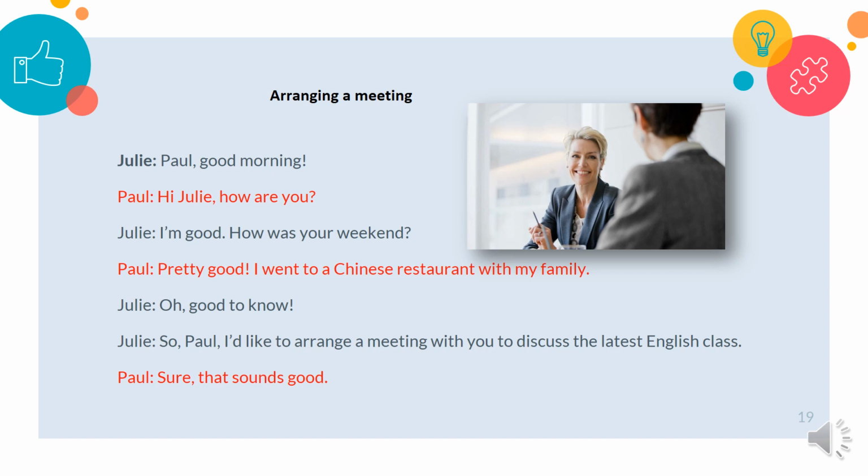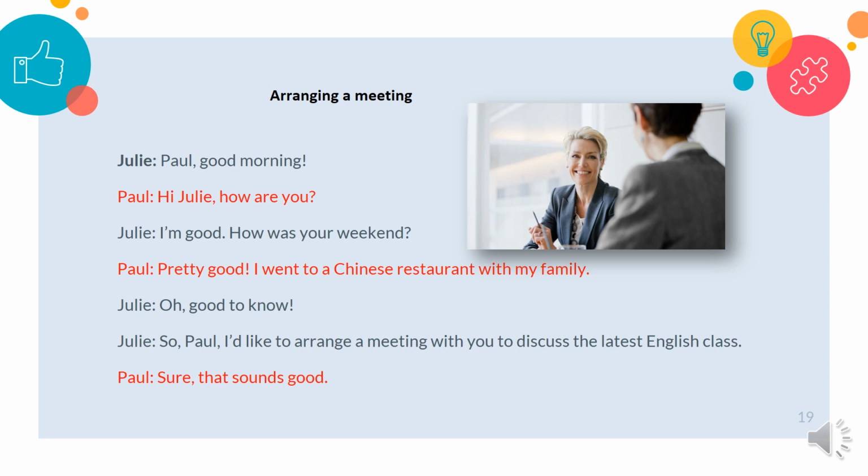Arranging a meeting is when me and another person want to see each other, want to go to a restaurant, want to study in pairs. Okay, so arranging a meeting in Spanish is agendar una reunión, un encuentro social, un encuentro casual.